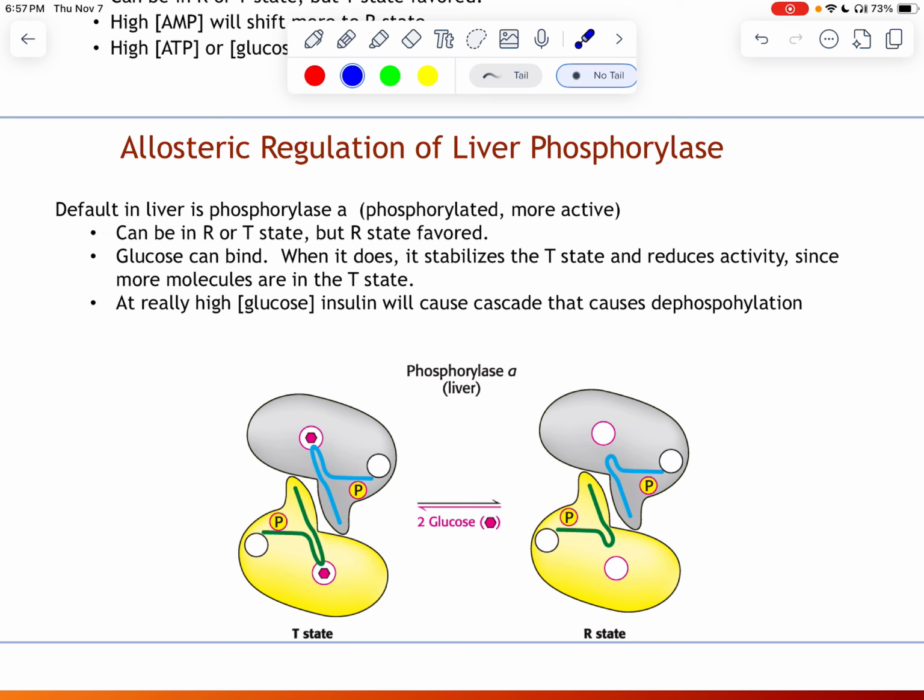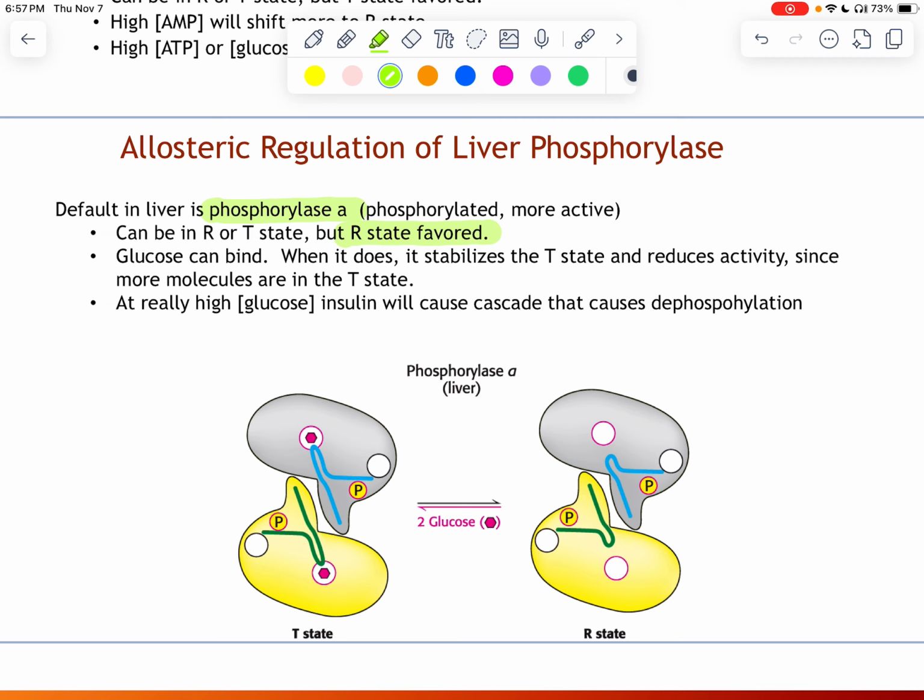Hence the default in the liver is that phosphorylase A, the phosphorylated more active version. And we said when we were in phosphorylase A that the R state is favored. So the default is the most active version. Okay, so it's easy for it to make glucose.